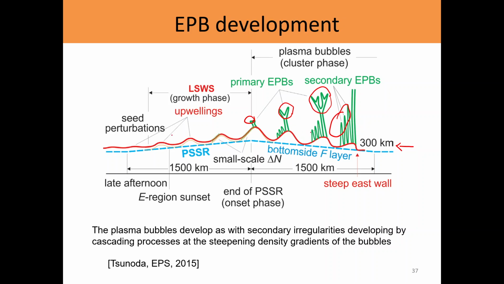So this is like a large scale occurrence, but these are small scale. The overall situation may last a very long distance, maybe 1,000 kilometers. So these are large scale fluctuations.